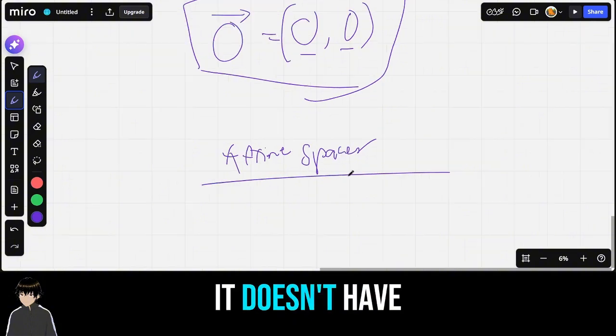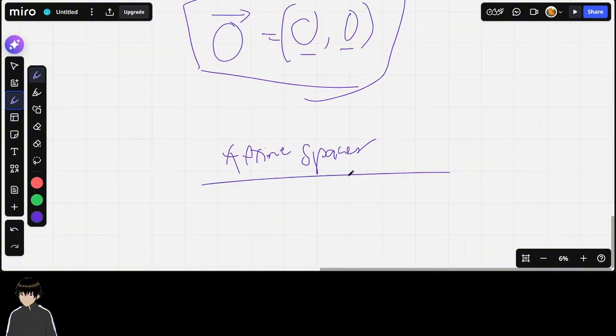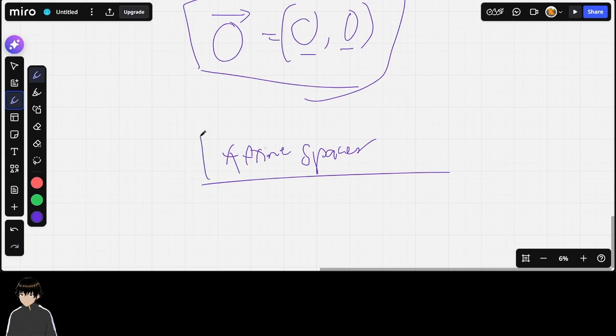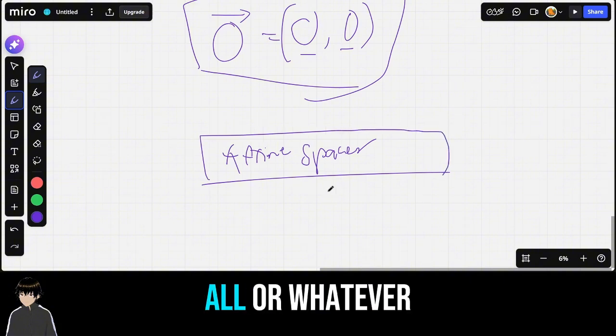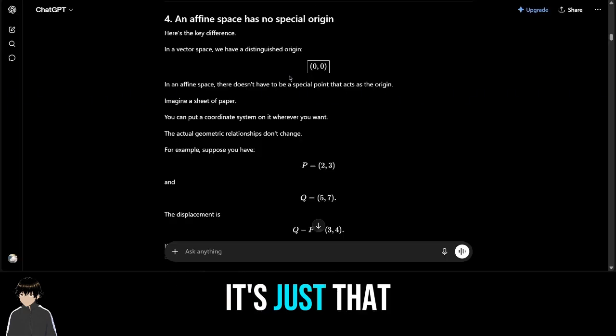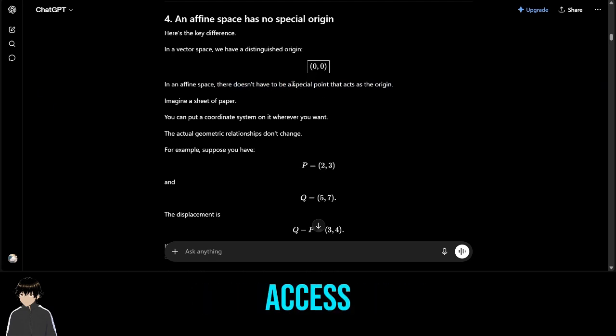It doesn't have to originate or start from 0, 0 for it to be a valid vector. In affine spaces, you can have no origin at all, or whatever number it originated from. There doesn't need to be a special point that acts as the origin for the vector.